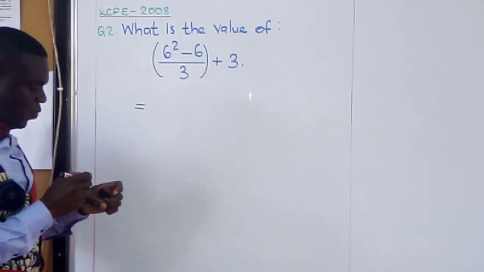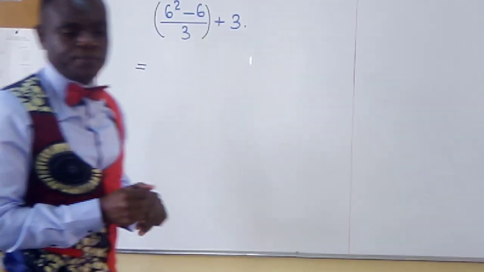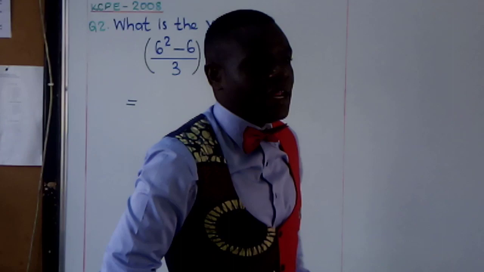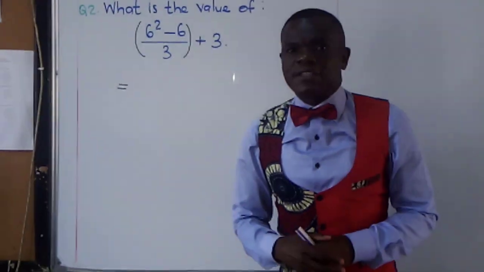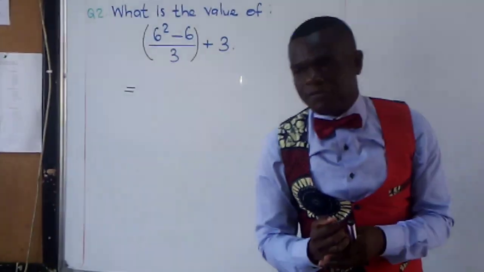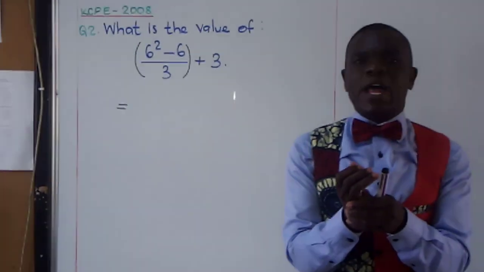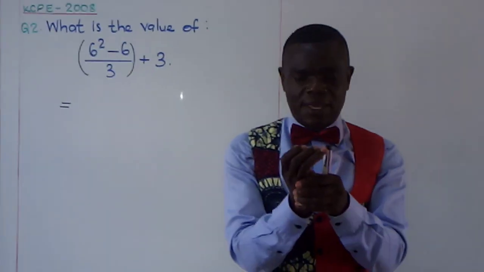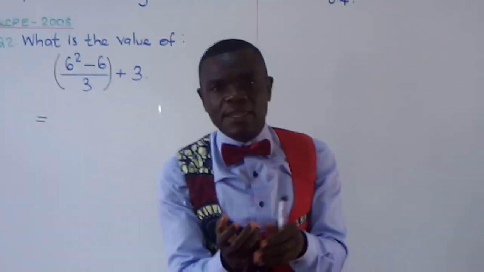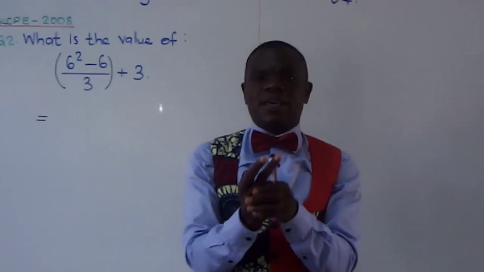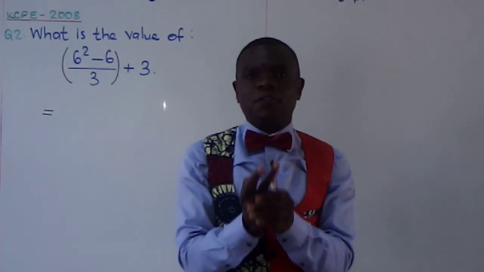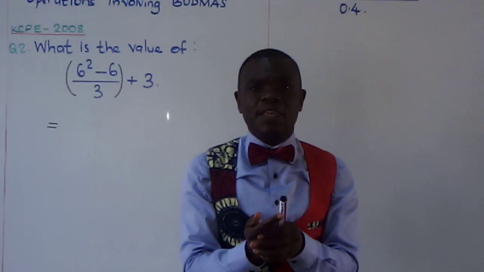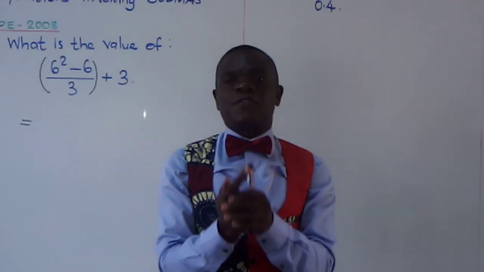What is the square of 6? The other time I reminded us the first perfect squares. What is the square of 1? Yes, the square of 1 is 1. The square of 2 is 4. The square of 3 is 9.